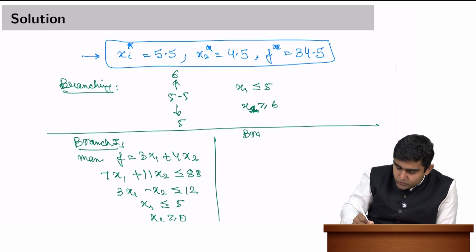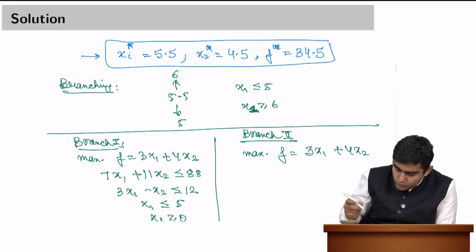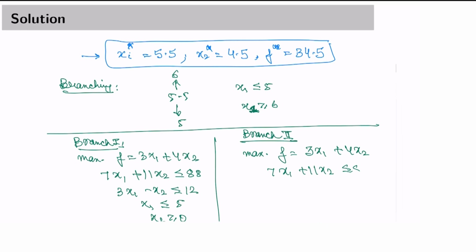Similarly, branch 2 would look like the same problem, maximize f equal to 3x1 plus 4x2, 7x1 plus 11x2 less than 88, 3x1 minus x2 less than equal to 12 and x1 greater than equal to 6, x2 greater than equal to 0.